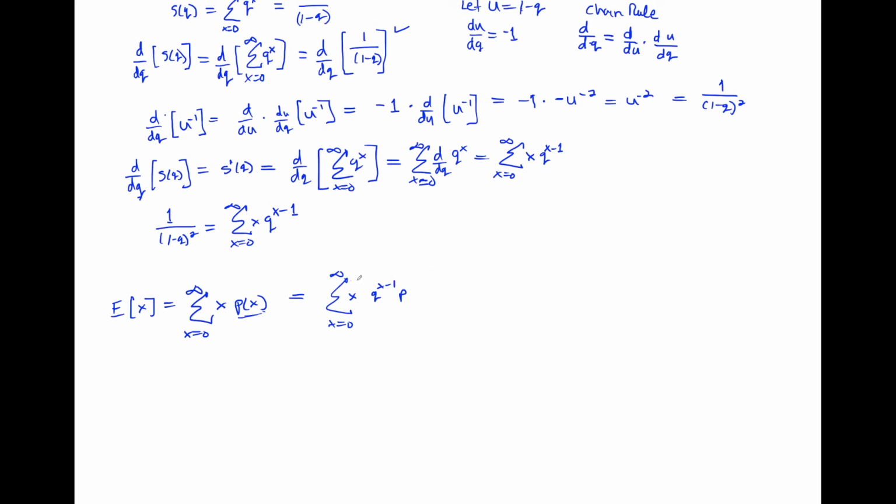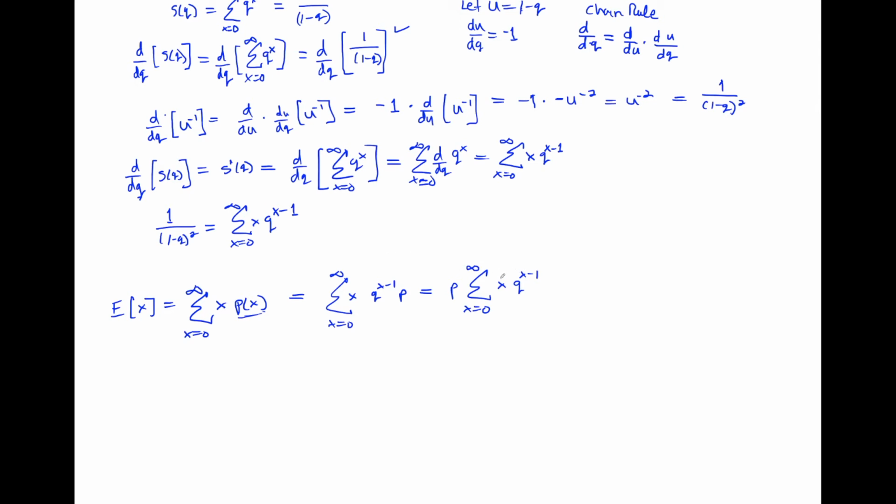If we look at this summation, the index is x, and p does not involve x anywhere. So we're going to factor p out from underneath that summation. So we say p times the sum, x goes from 0 to infinity of x times q to the x minus 1 power. Now that's where our identity comes in.